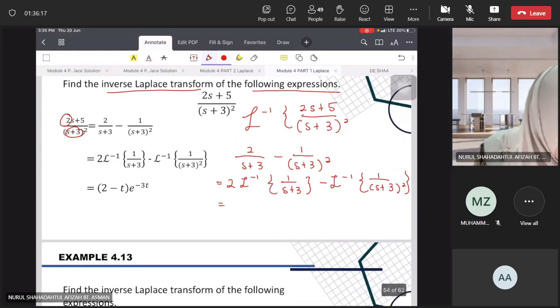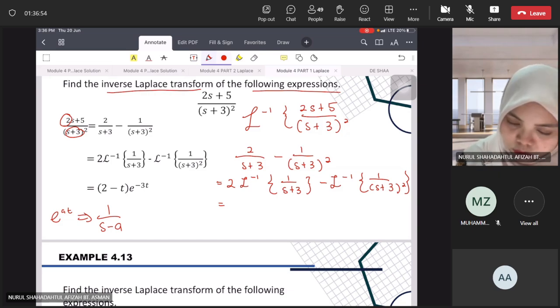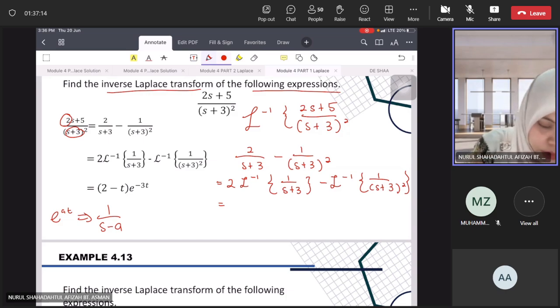If 1 over s plus 3 is, if this one from the table, s minus A. And you get 2 minus, and then this one you substitute 3 because our A is 3.